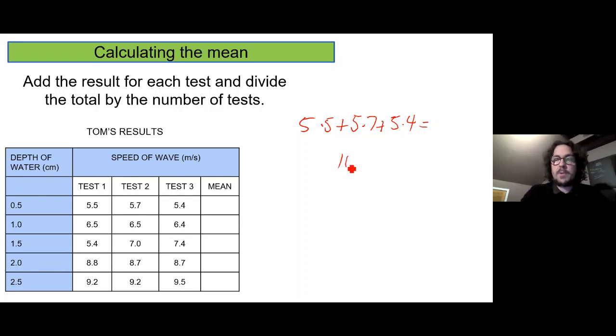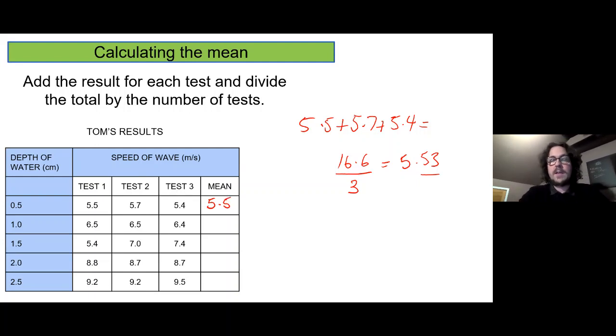I'm going to write down my 16.6 here, and then we're going to divide that by the number of values that we have, which in this case is 3. So we divide that by 3, and that gives us a mean of 5.53. Now, in science, we shouldn't go to more decimal places than the data that we've got, so we would just leave that as 5.5.